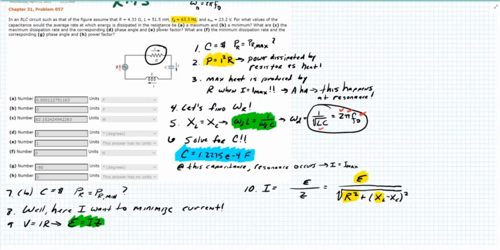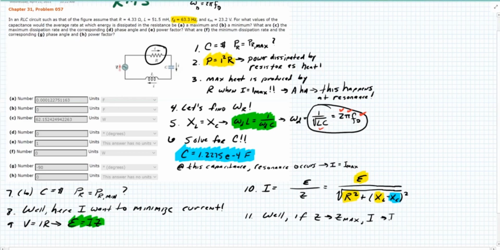I can, though, alter my capacitor to get what I want. So here's the question. What do I need to do in step 10? If you look at step 10, if Z equals Z max, you know what that means? I goes to I min.